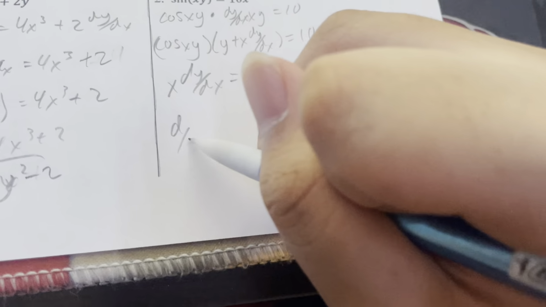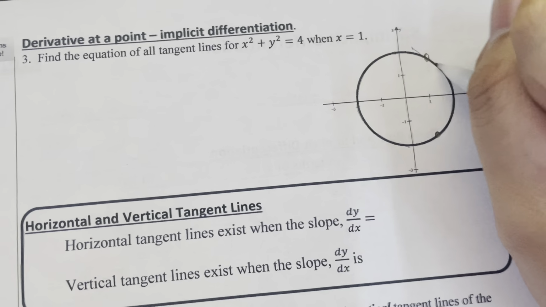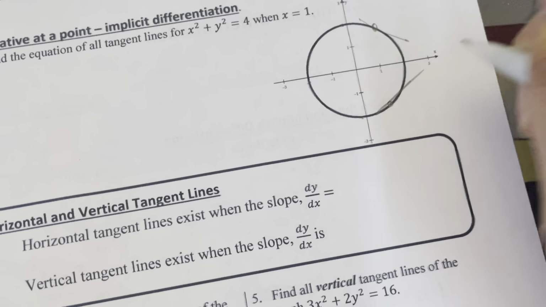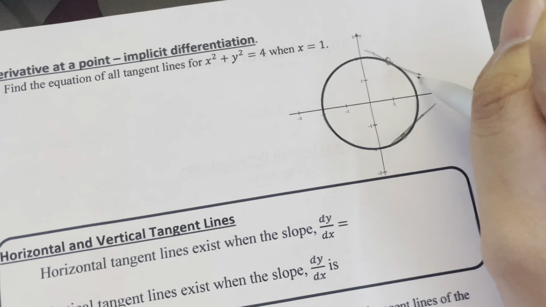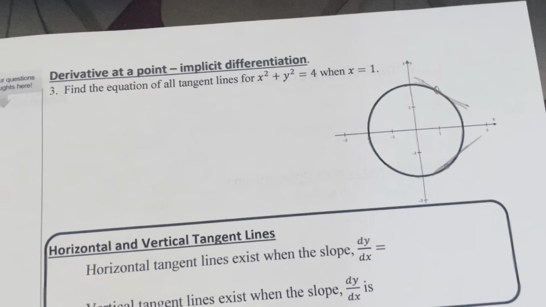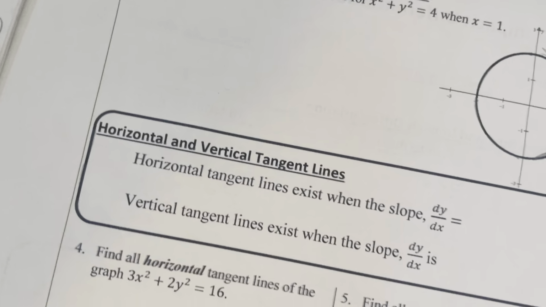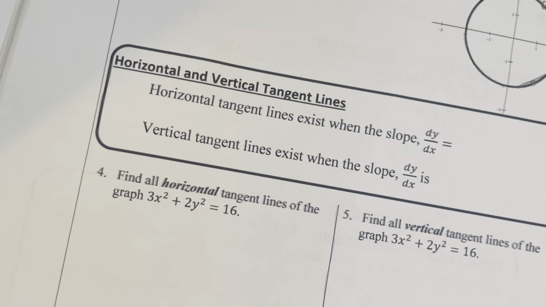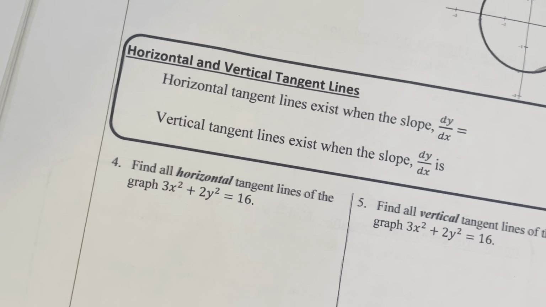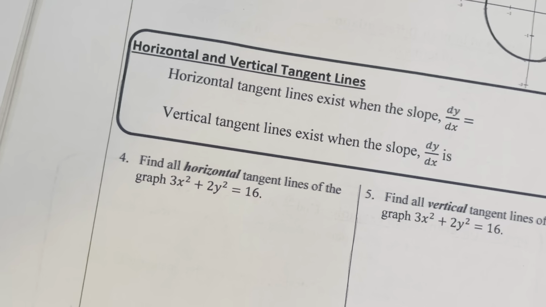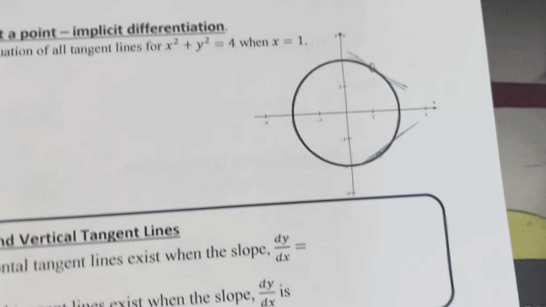Derivative at a point, implicit differentiation. Find the equation of all tangent lines for x squared plus y squared equals 4 when x equals 1. So first, know that we have to find the tangent lines when x equals 1. Let's find our points.